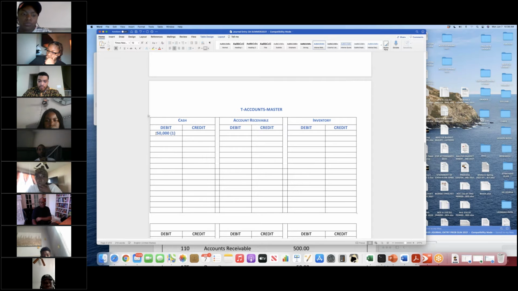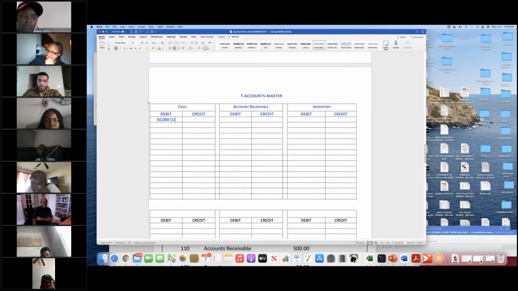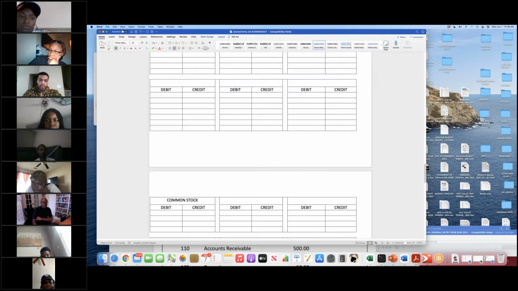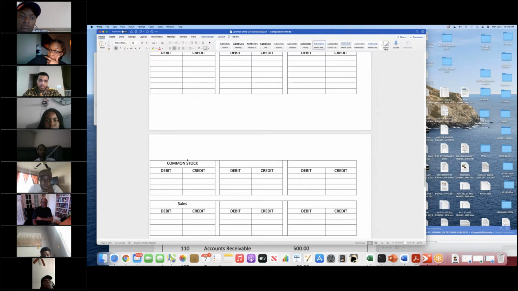Then we're going to put our posting reference in so that if we have problems finding an error, we can find it. Then we're going to come to common stock, and we're going to put the 50,000 here on the credit side. Then we put in our posting reference, journal entry 1.